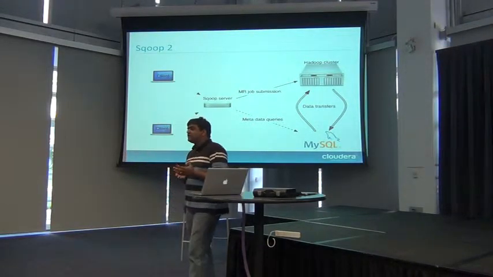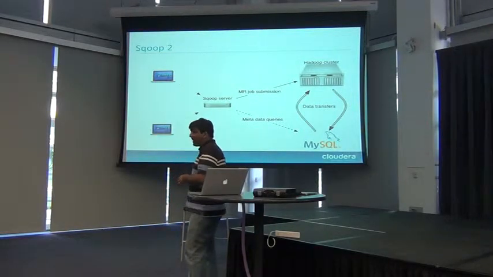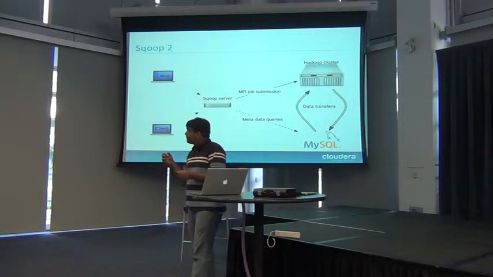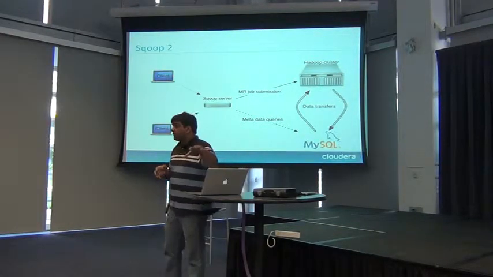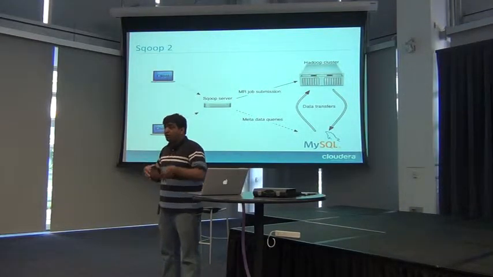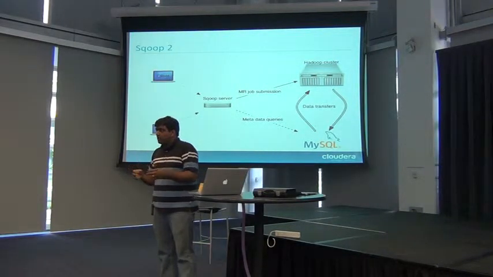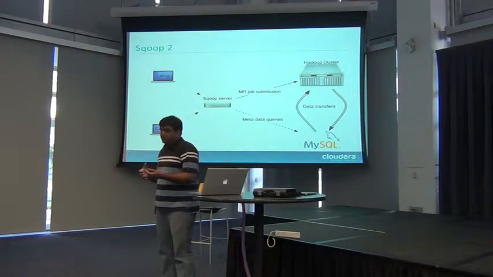In which case, the clients actually never access the database itself. It's only the Sqoop server that actually accesses the database. So the Sqoop server basically needs access to MapReduce, the Hadoop cluster, and the actual MySQL cluster or Oracle or whatever you're actually trying to connect to. So the clients basically only need to talk to one server, which is your Sqoop server.